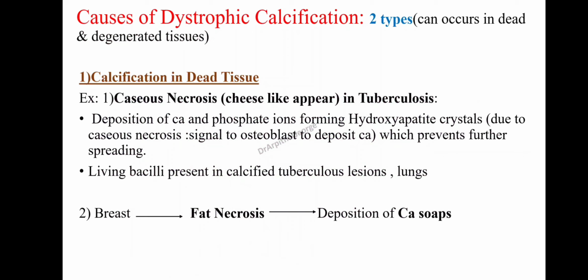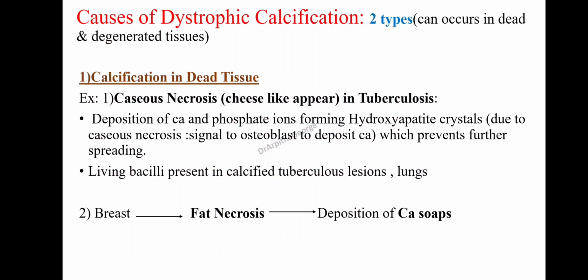What is the appearance? How can you identify whether it is caseous necrosis? By a cheesy-like appearance. And where can you see this caseous necrosis? You can see it in a TB patient, in tuberculosis disease. Which necrosis? Caseous necrosis. After the caseous necrosis happens in a TB patient, deposition of calcium and phosphate will happen.